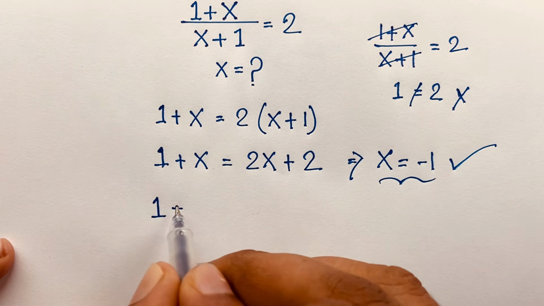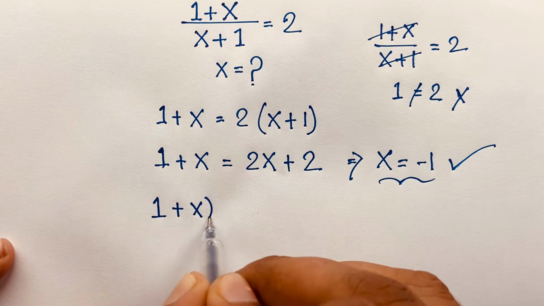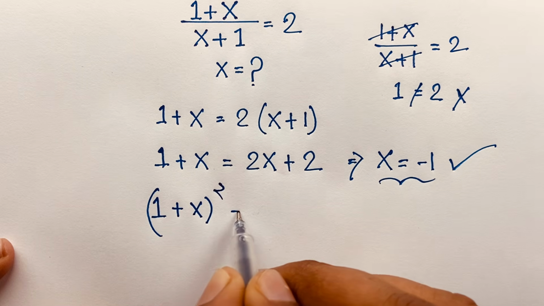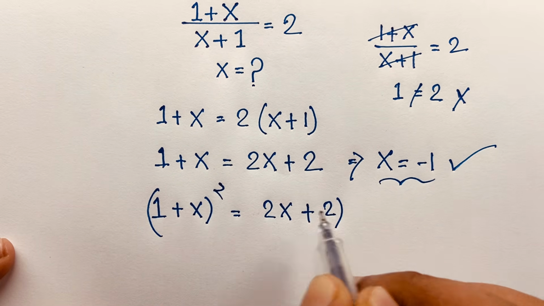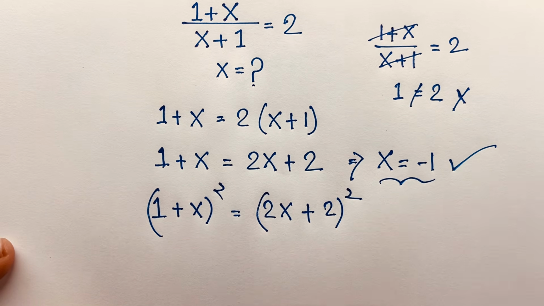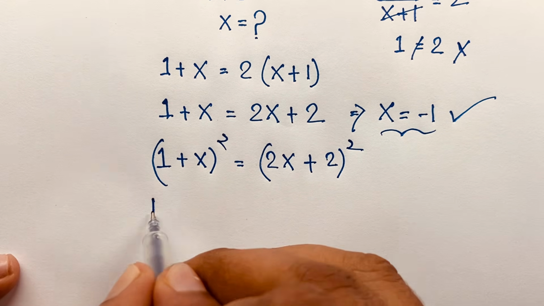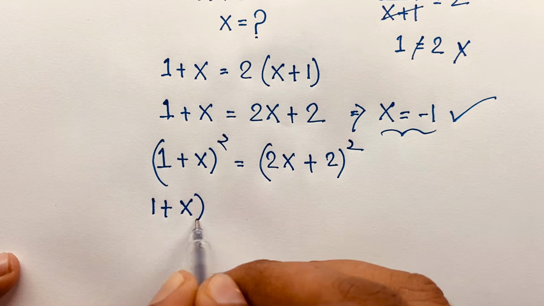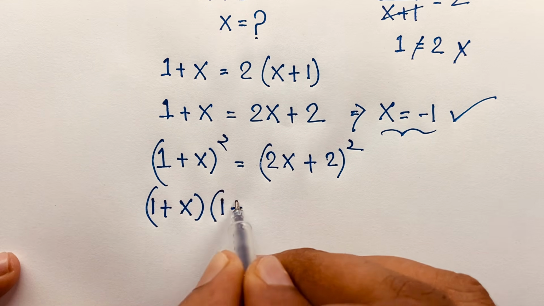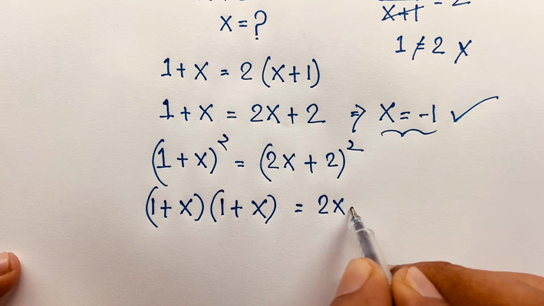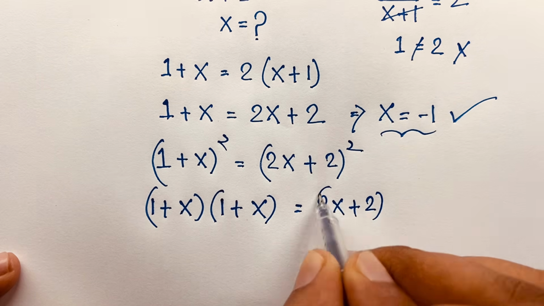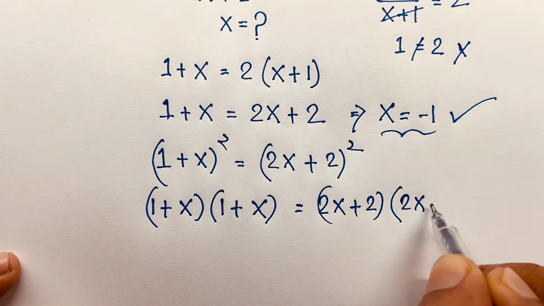So here (1 plus x) to the power 2 is equal to (2x plus 2) to the power 2. Now this is (1 plus x) times (1 plus x), and this is (2x plus 2) times (2x plus 2).